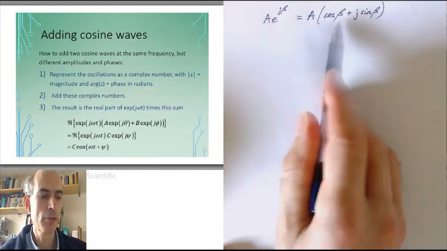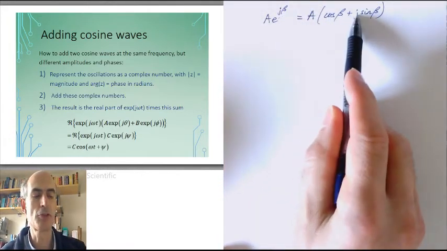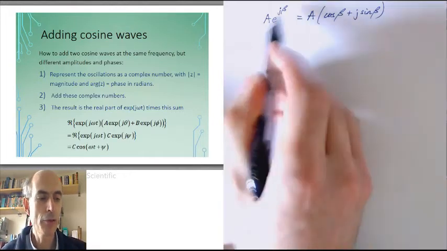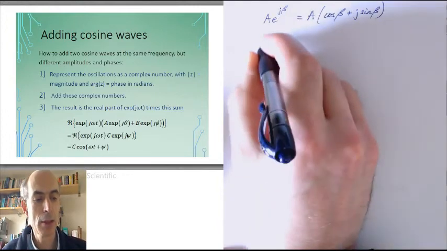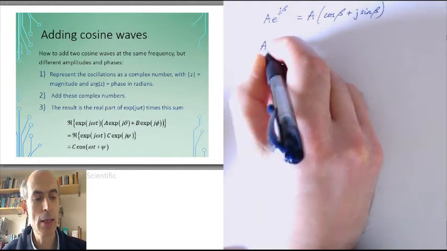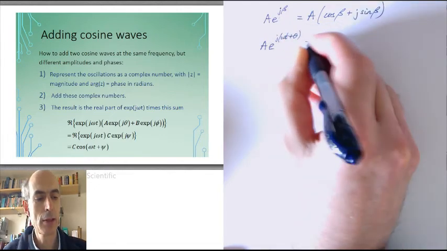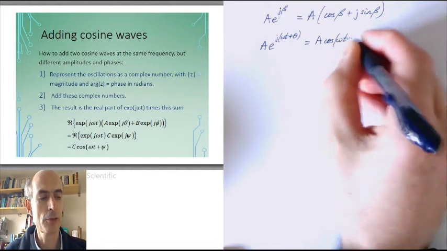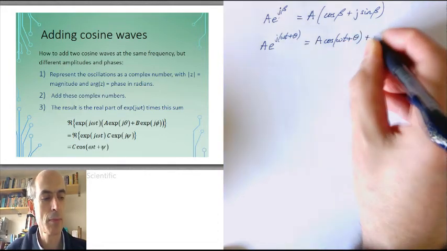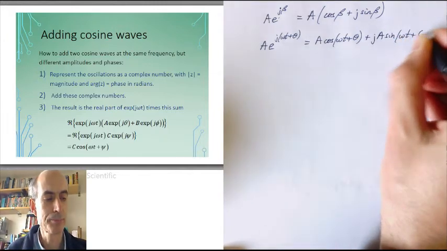Very useful, famous formula: e to the j beta equals cosine beta plus j sine beta. Now, if I let beta be omega t plus theta, I would have a e to the j (omega t plus theta) is a times cosine (omega t plus theta) plus j times a sine (omega t plus theta).